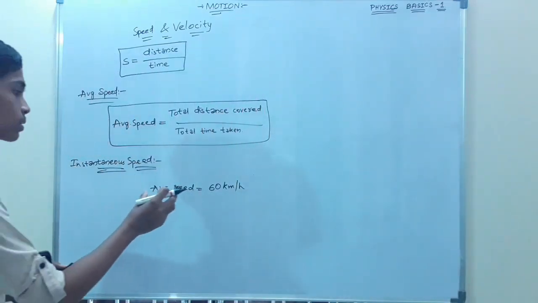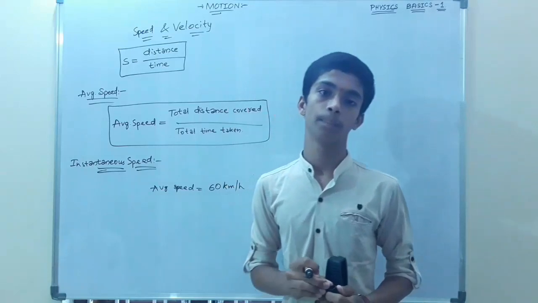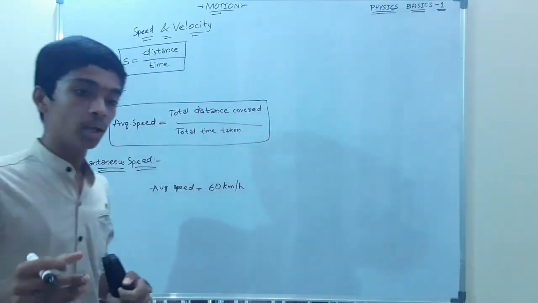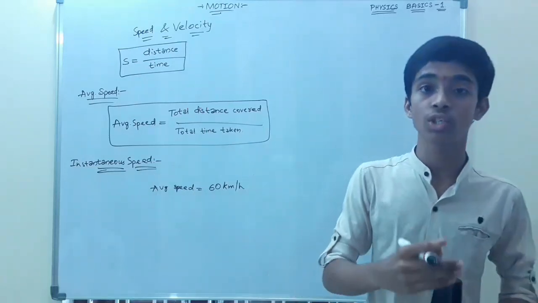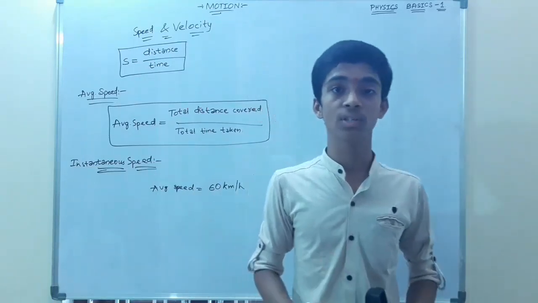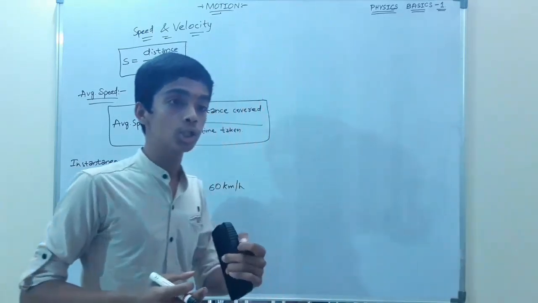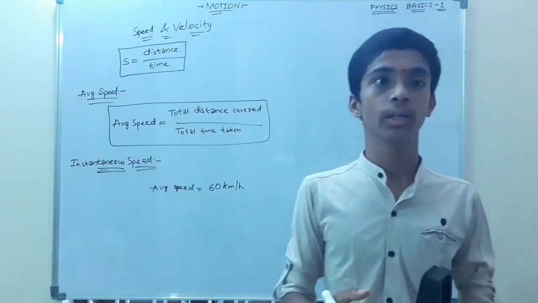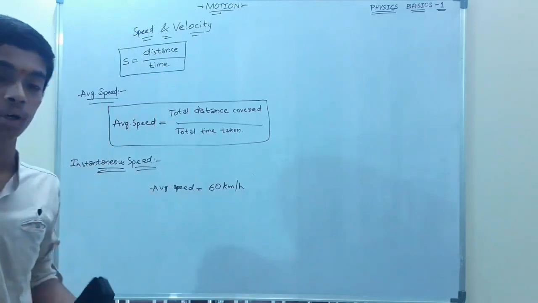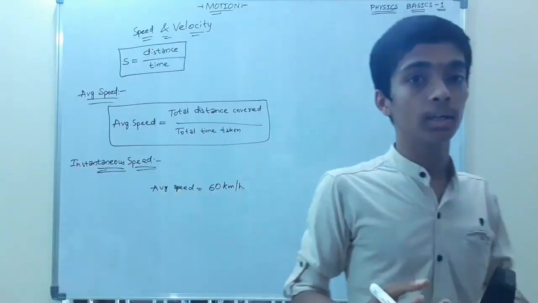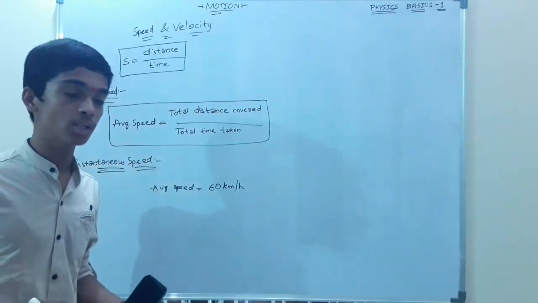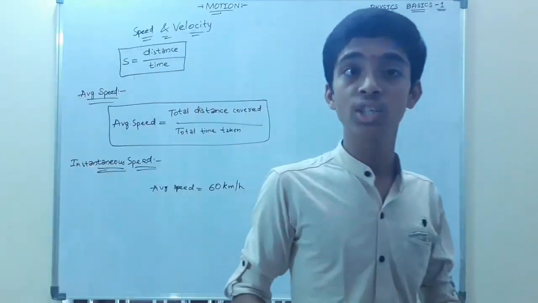So what is the instantaneous speed? In the middle of his journey, he could get stuck in traffic, or at a traffic signal, or there could be some road damage, and many such instances will come.